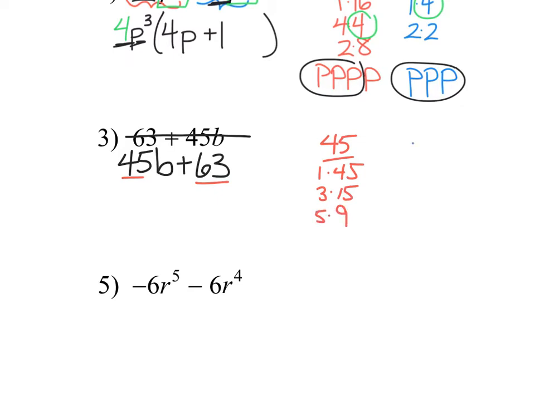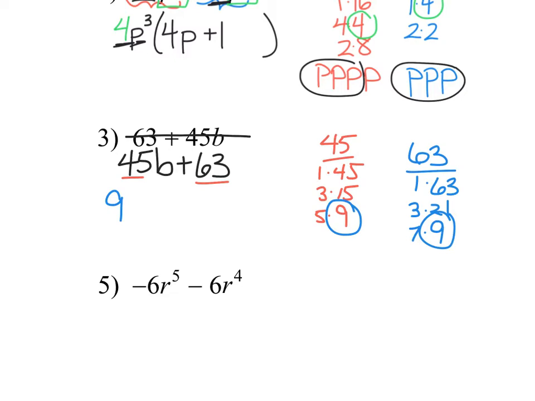Sometimes these jump out at you. You don't have to make this list every single time, but sometimes it helps. The factors include 3, 5, 7, and 9. I'm going to stop and say that 9 is the greatest common factor between these two.